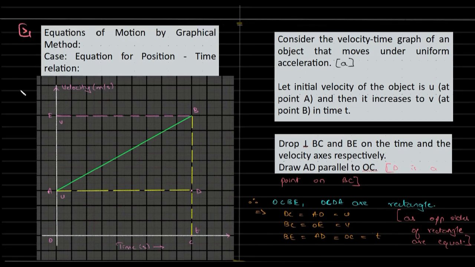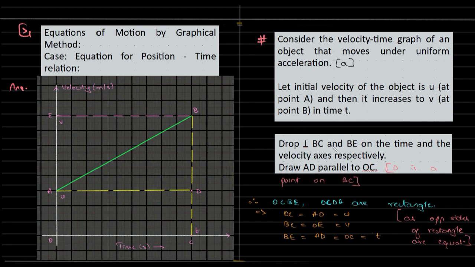First is the graph and the description of the graph. Consider a velocity time graph of an object that moves under uniform acceleration. Let the initial velocity of the object be u, and then increase that to v in the time interval t, so 0 to t.